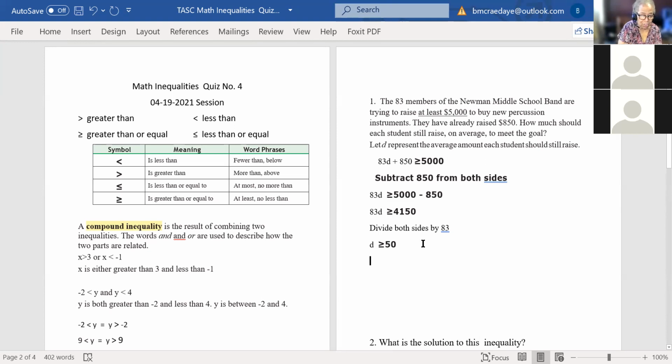That means each student should raise $50 or more.